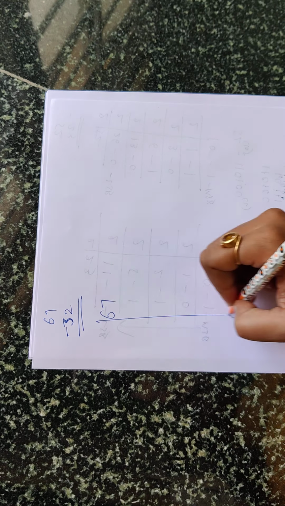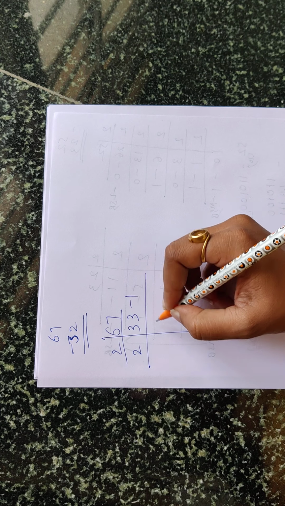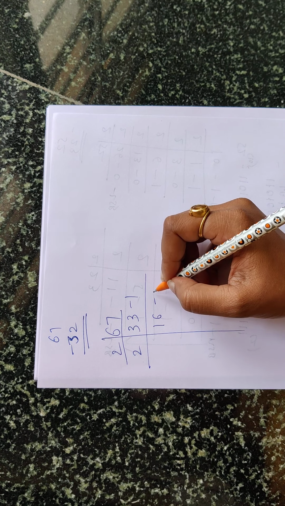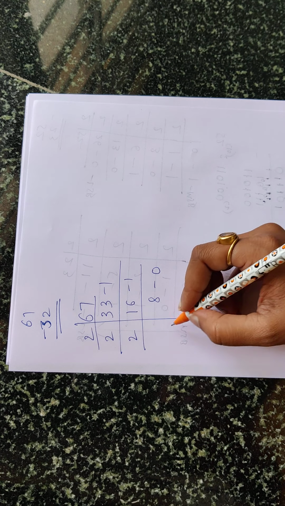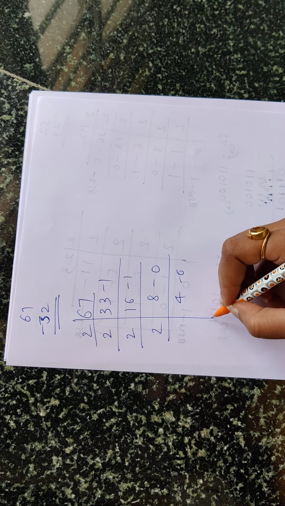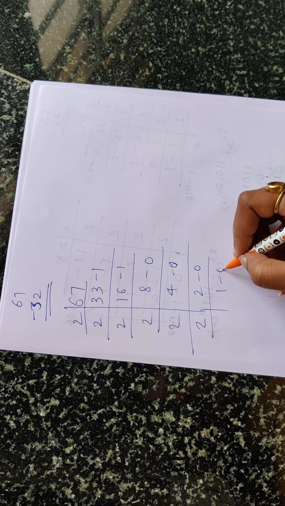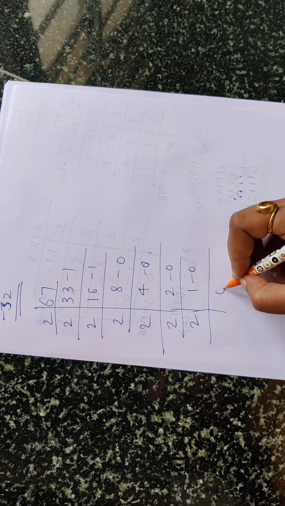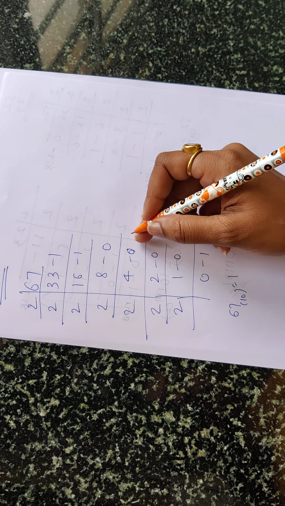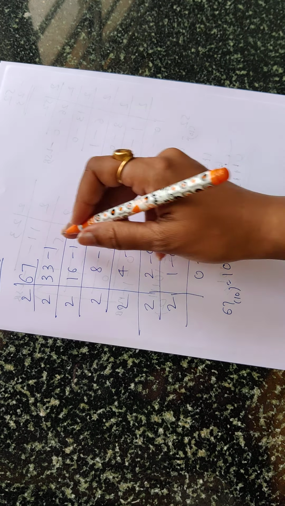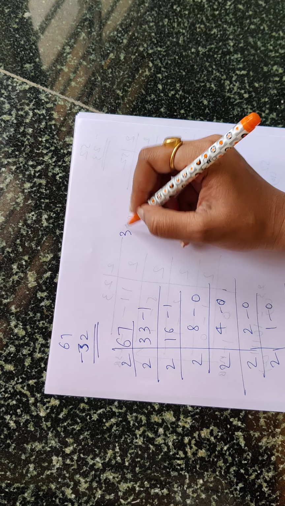So 67, divide by 2 repeatedly: 2 33s are 66, remainder 1, 2 16s are 32, remainder 1, 2 8s are 16, 0, 2 4s are 8, 0, 2 2s are 4, 0, 2 1s are 2, 0, 2 0s are 0, 1. So 67 to the base 10 is equal to 1, then 4 times 0, and 1 1 to the base 2. Done. Now take 32.